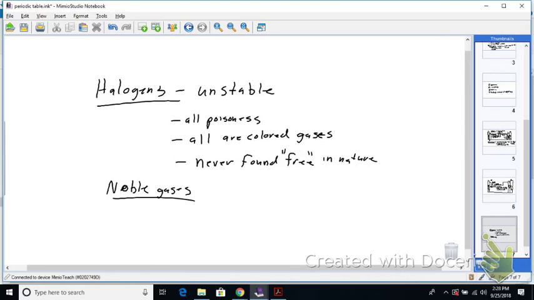They don't mix with commoners. They don't like to have their family members marry somebody that's outside of that monarchy. And so that's why it's easy for me to understand what noble gases are, because they kind of stick to themselves and they don't mix with any of the other elements. So these are always found free in nature.